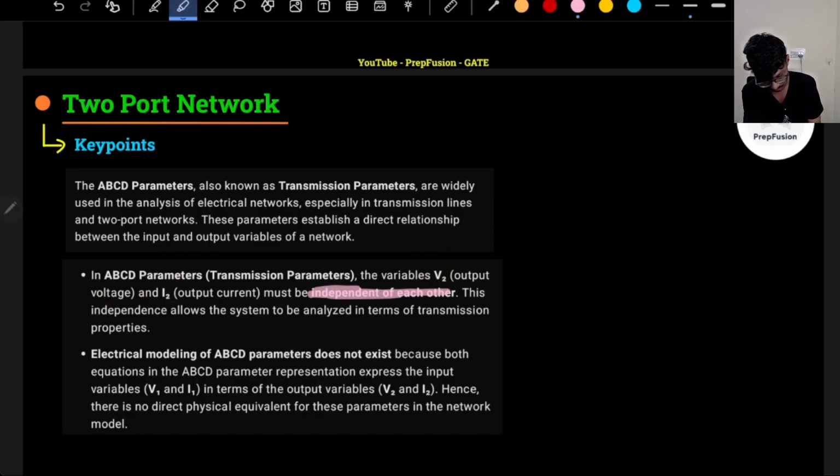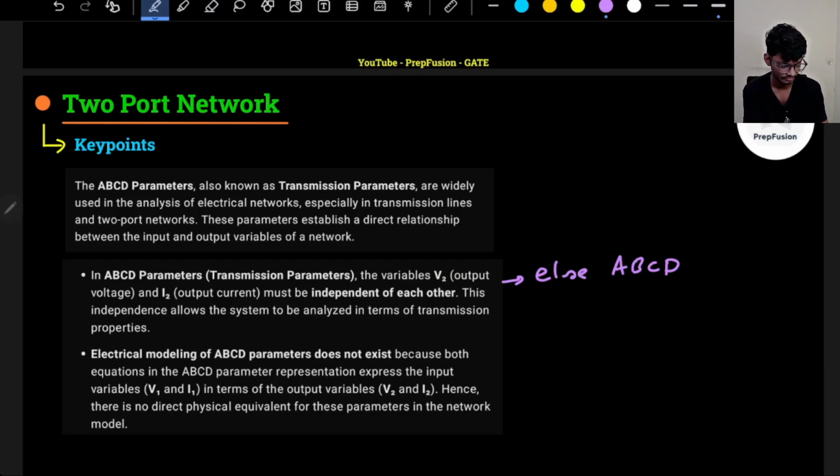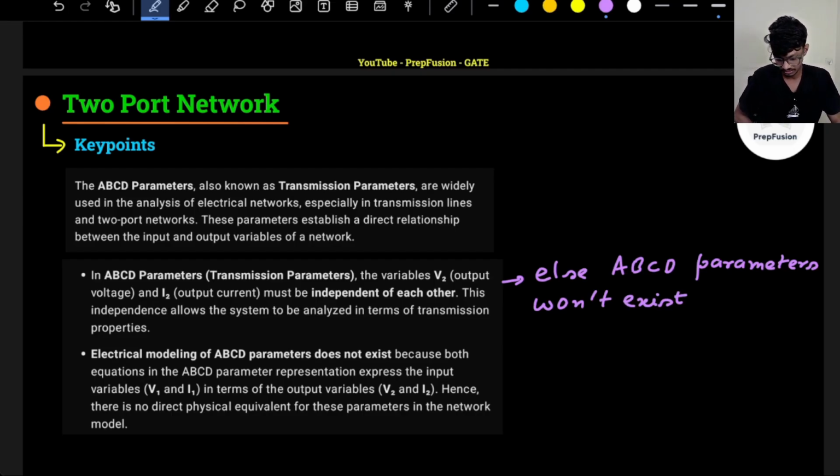If they are dependent, then of course there will be a problem, and the ABCD parameters won't exist. It is the same condition as for the previous parameters we learned. So that was basically it about the short things.